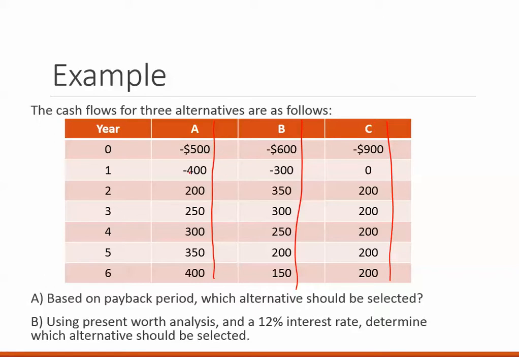So negative 500 plus negative 400 is negative 900, and then plus 200 is negative 700, plus 250 is negative 450, plus 300 is negative 150, and then plus 350 gives me 200. So you get your money back sometime during year 5. And this is a simple payback period example.